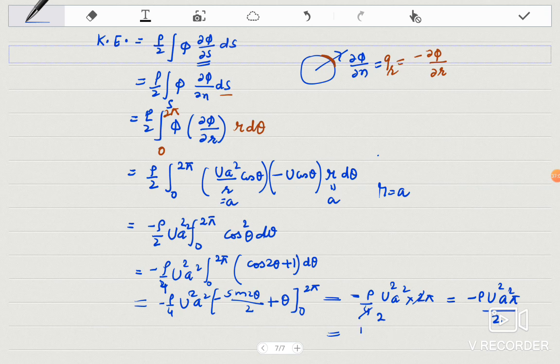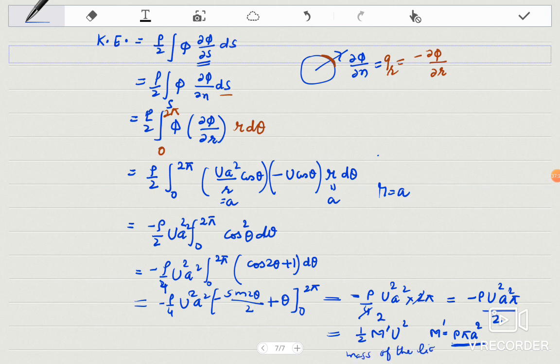You can also write it as half of m dash u square, where m dash is equal to rho pi a square. Pi a square is the area of the cross section of the cylinder. So when rho is multiplied by the area of the cross section of the cylinder, it becomes the mass of the liquid displaced by the cylinder.